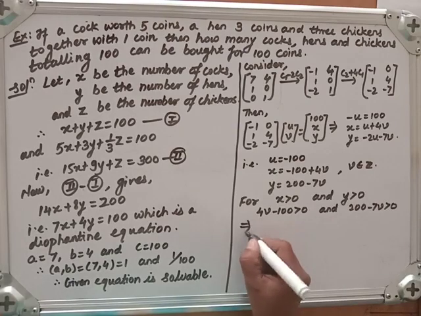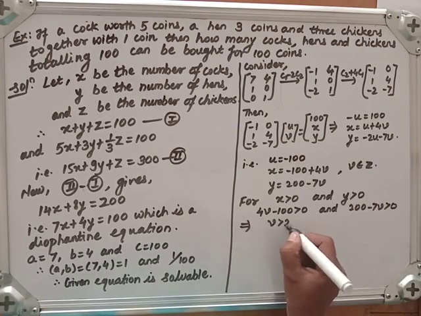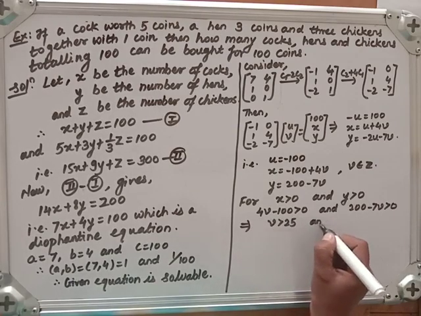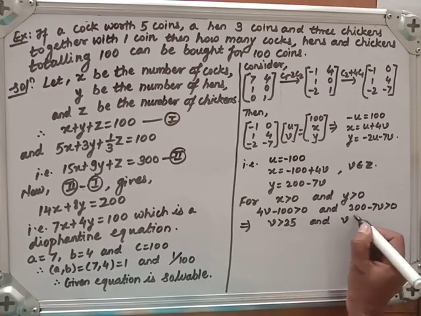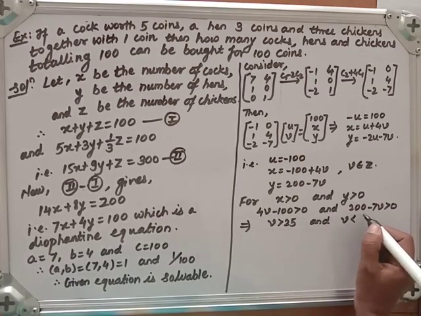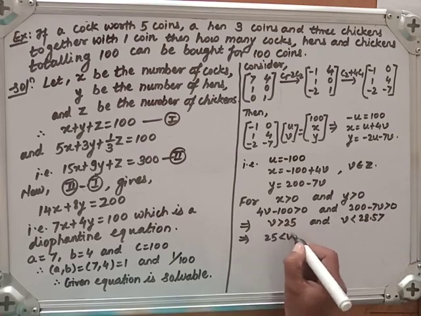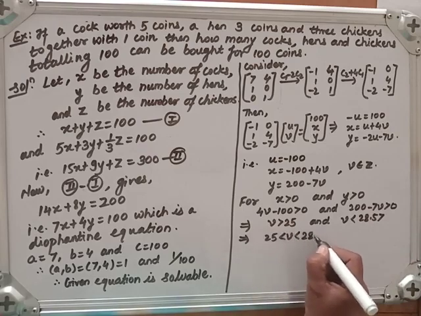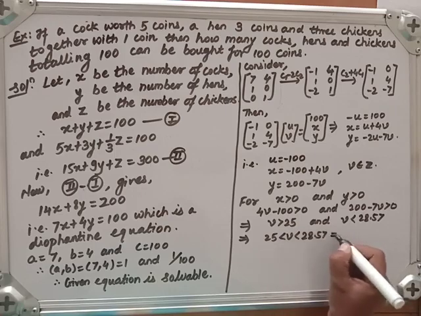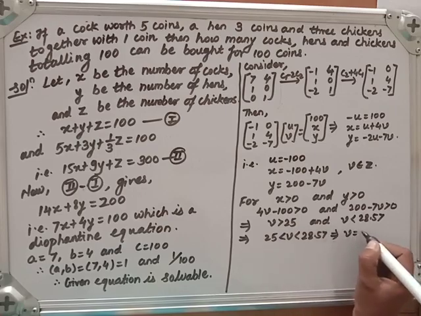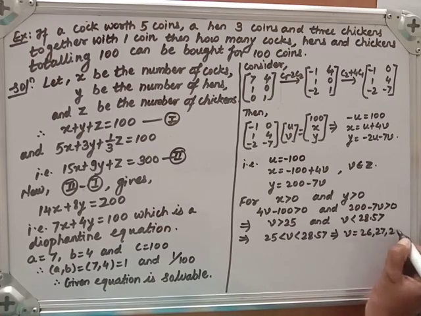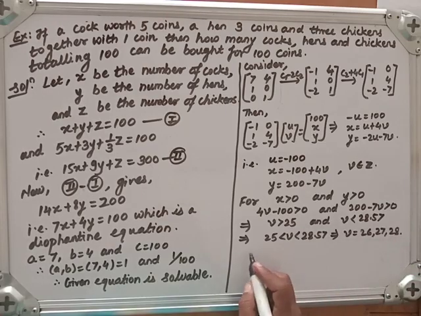Positive. So this gives v is greater than 25 and v is less than 28.57. So this gives 25 less than v less than 28.57. This implies v is equal to 26, 27 and 28.